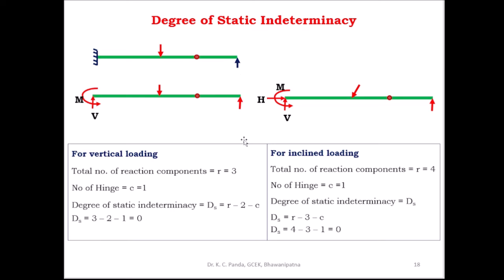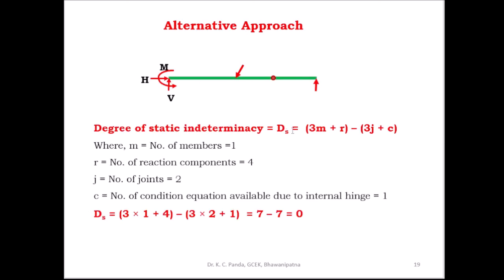The degree of static indeterminacy of this beam you can also find out using another approach, that is using this expression: ds is equal to 3m plus r minus 3j plus c. Here m is the number of members, r is the number of reaction components, j is the number of joints, and c is the number of condition equations available due to the internal hinge.